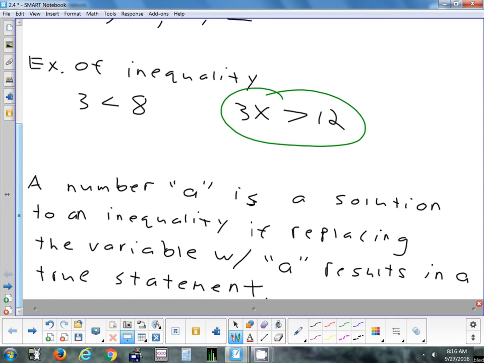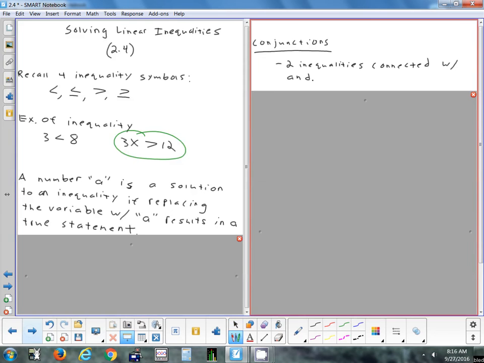Can anybody tell me what makes this interval open? Allie? Yeah, we don't have the equal to's. So an open interval means you can pick numbers strictly between -1 and 3, not including -1 and 3. Any questions on that?